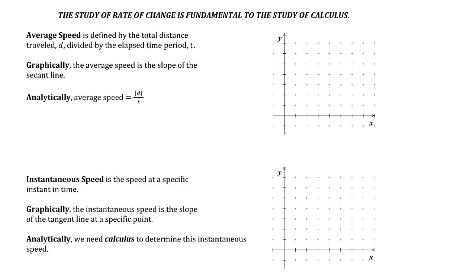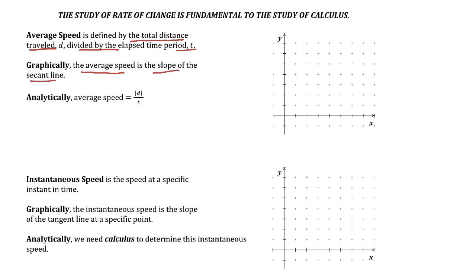Okay, and now we're going to talk about average speed. And notice average speed is defined to be the total distance traveled, d. So again, that's coming from here, the total distance traveled divided by the time elapsed. And so graphically, notice that the average speed is the slope of the secant line.